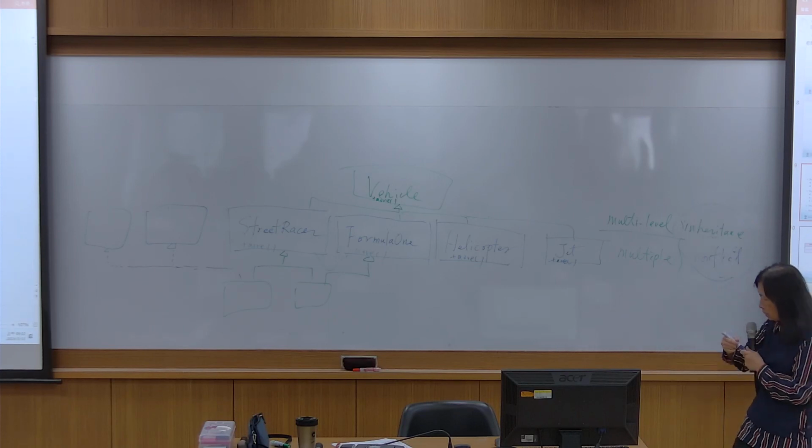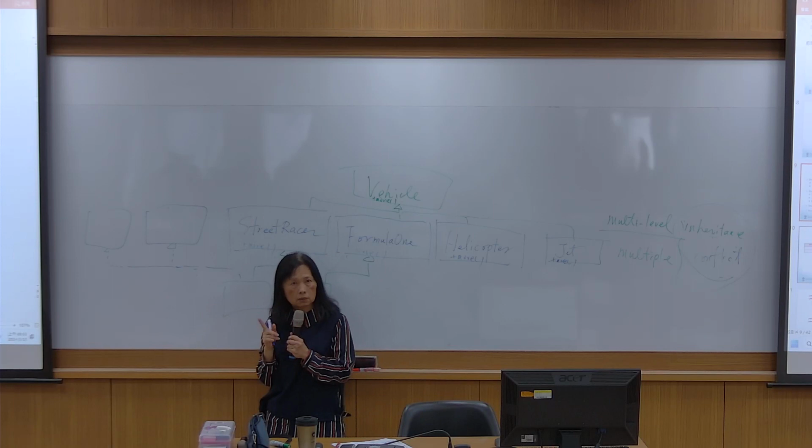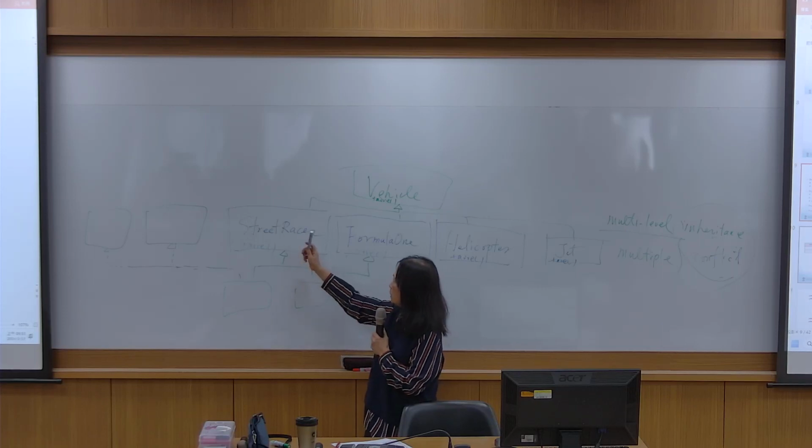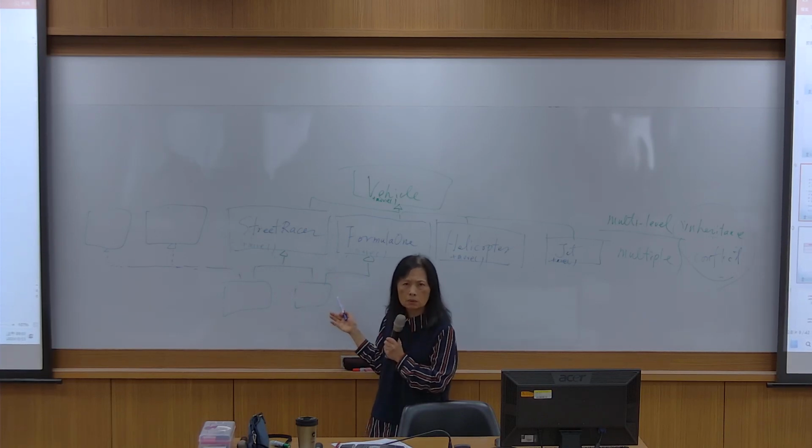It means something wrong will happen. So what is that? Could be the same attribute, the same method. Which one to inherit from? It's inheritance conflicts.